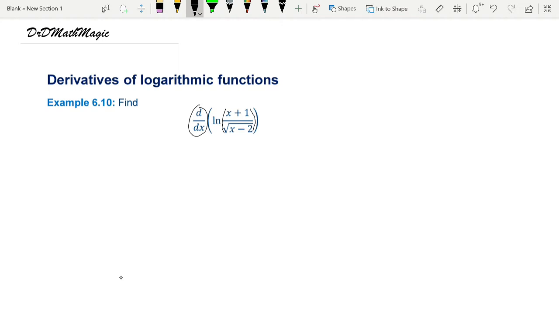Now in this quotient, when I apply the quotient rule, I will have to take a derivative of the numerator, and I will have to take a derivative of the denominator, so of x plus 1 and of square root of x minus 2. X plus 1 is not going to be an issue, but square root of x minus 2 might be an issue. So what I might want to do is first rewrite this to get rid of the square root symbol and write it in power form.